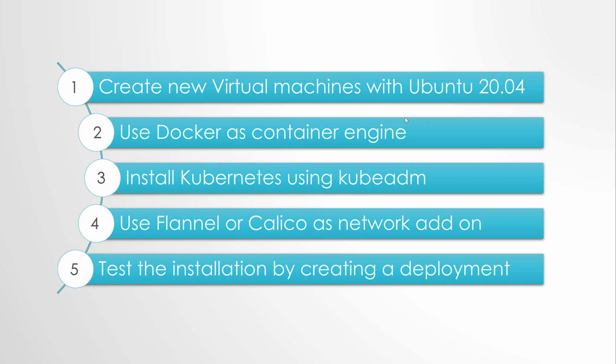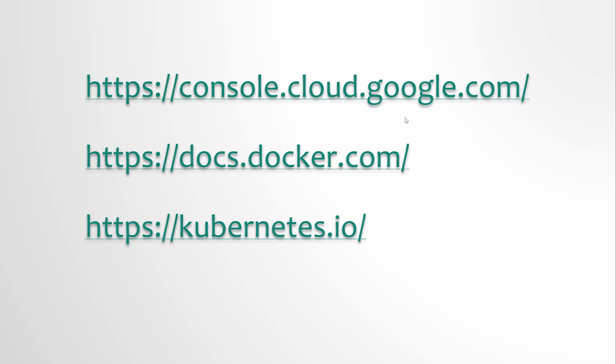All the steps which I show during this installation process to install Docker and Kubernetes are from these websites, docs.docker.com and kubernetes.io. And I have used Google Cloud for my virtual machines. It's completely optional. You can use any cloud vendor or you can use VirtualBox also.